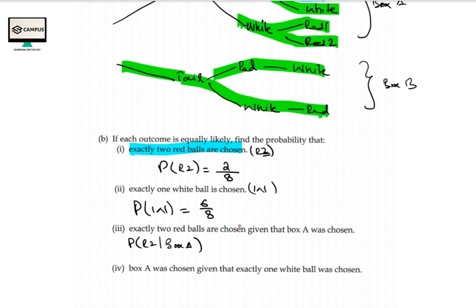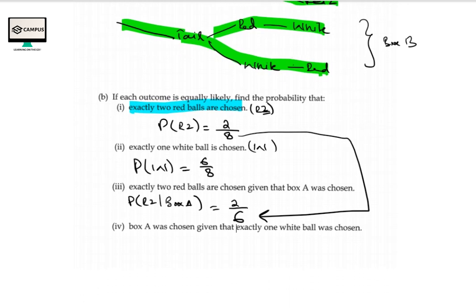So this is equal to 2 over 6. Why 2? Because these are the branches where exactly two red balls were there. And our total number of branches is reduced to 6 as opposed to 8 in part 1. That is a big difference, because there was no conditional probability in part 1. We had to find the overall number of branches available, and there were two branches out of a total of eight where there are exactly two red balls. However, in part 3 here, we are limiting ourselves to box A only, right?